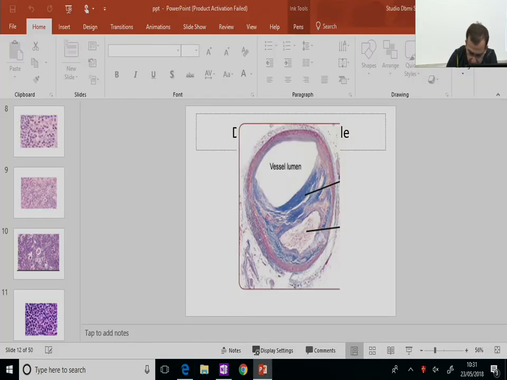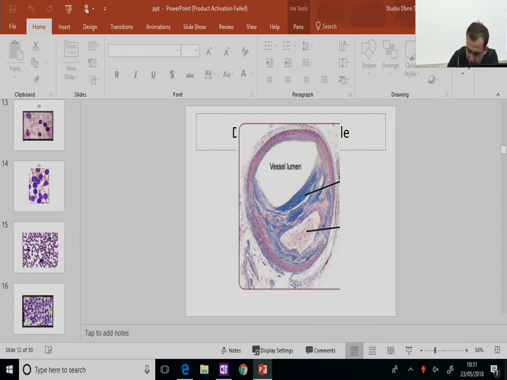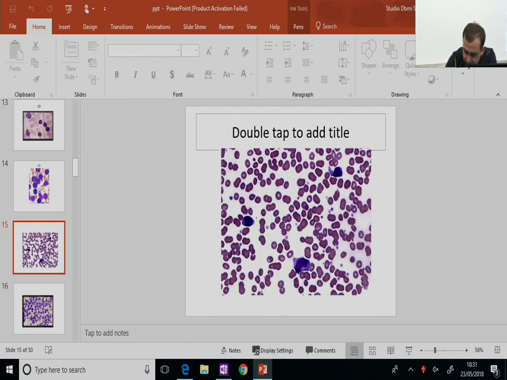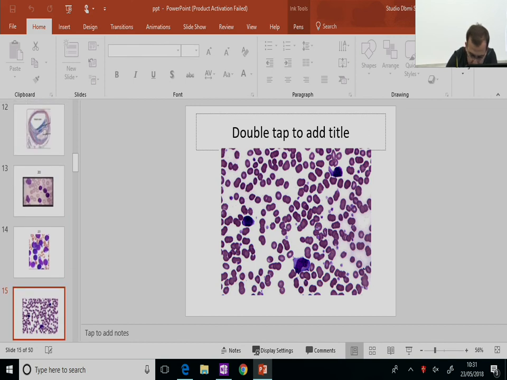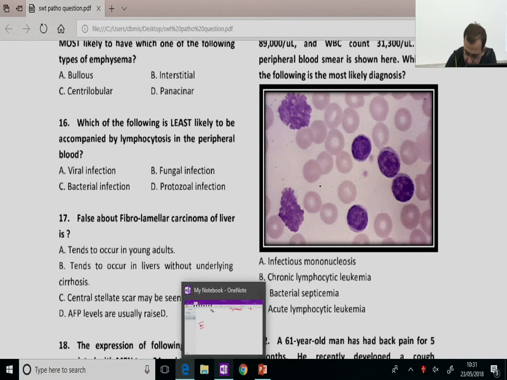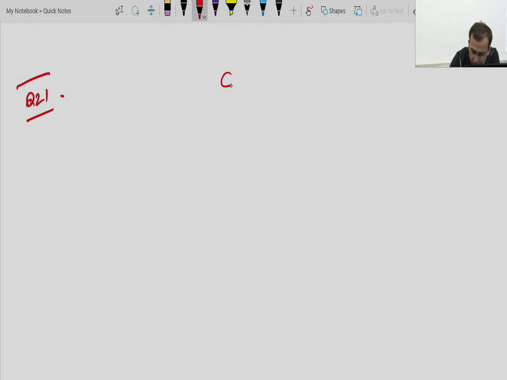So before we go further, let us have a look at the microscopy again. Starting with CLL, chronic lymphocytic leukemia, starting with its microscopy.